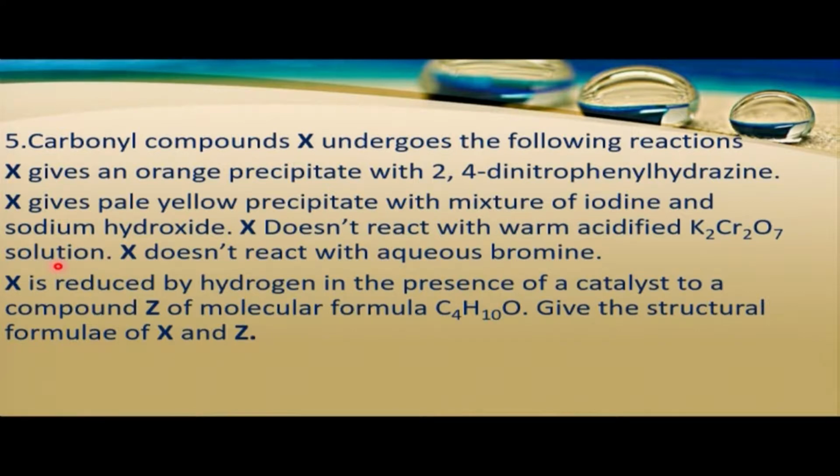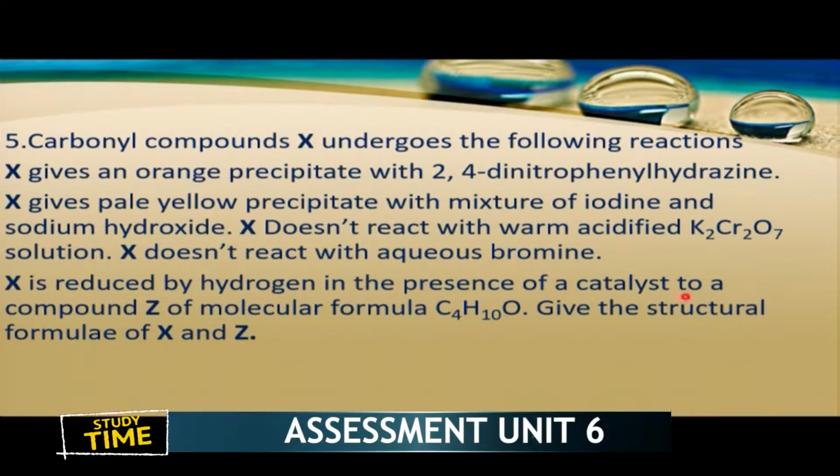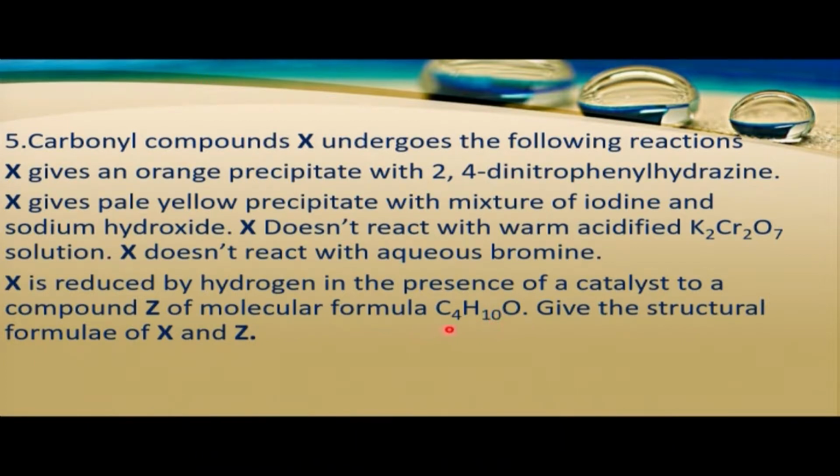That is an oxidizing agent. X doesn't react with aqueous bromine. We know what it means. And then X is reduced by hydrogen in the presence of a catalyst to a compound Z of a given molecular formula. You can deduce the class or the homologous series to which it belongs. And then it is asked, give the structural formula of X and Z.